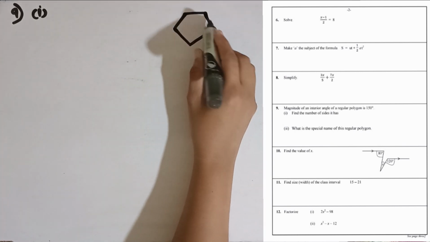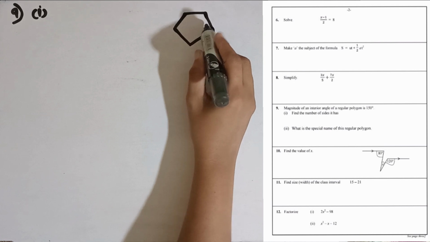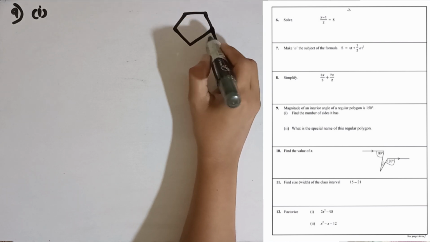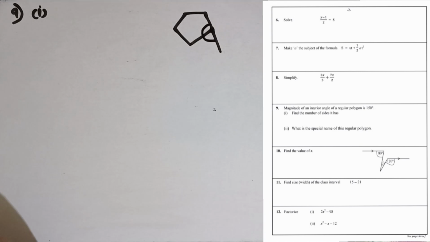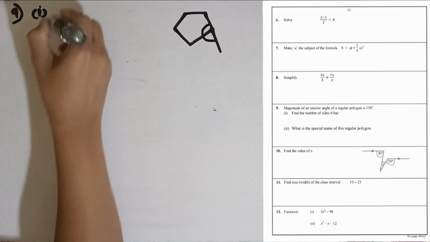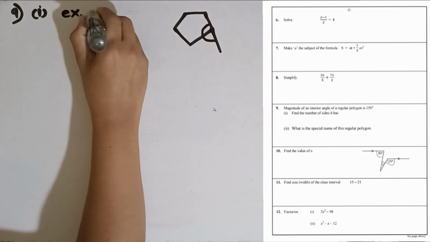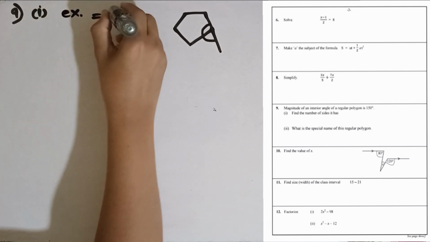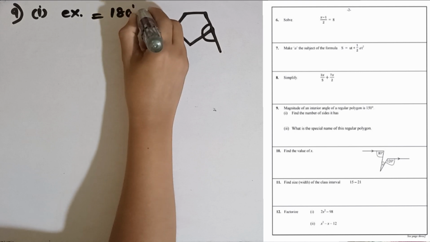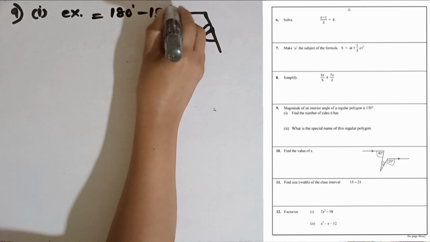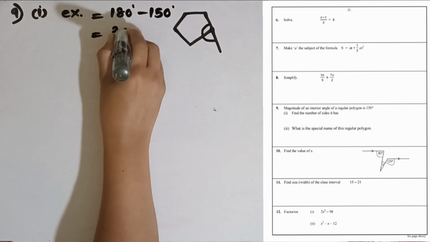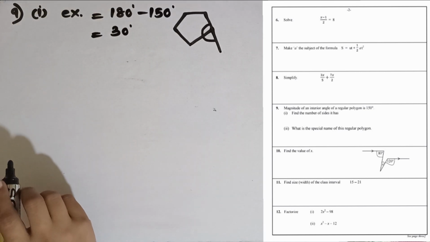As this is a straight line, the sum of an interior angle and an exterior angle equals 180 degrees. So here the value of the interior angle is given as 150. So we can find the value of the exterior angle. The exterior angle is 180 minus 150, that is 30 degrees.